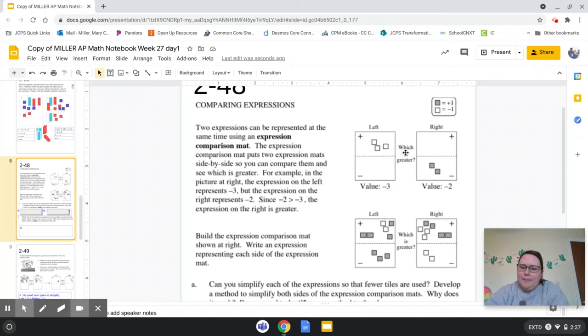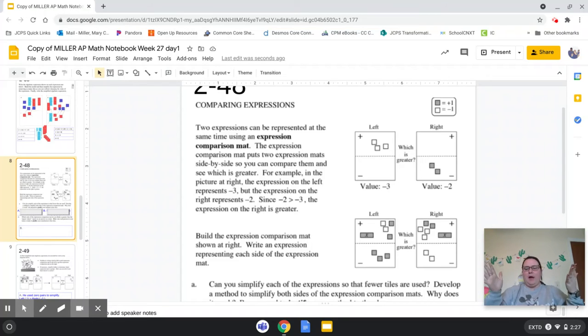So if you were trying to compare which is greater, -3 on top or the opposite of +2, hopefully you would have said that the right is greater, because when we simplify this and flip these up to the top, -2 is greater than -3. And you can see that right over here in the explanation, that -2 is greater than -3.